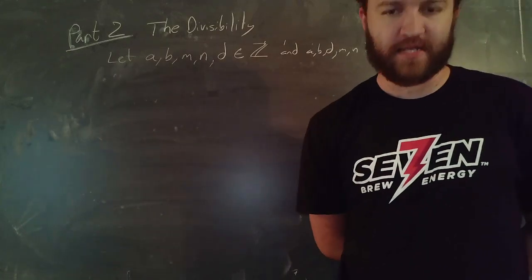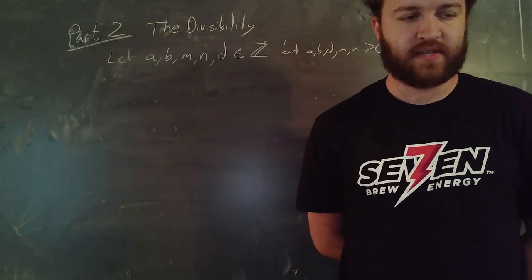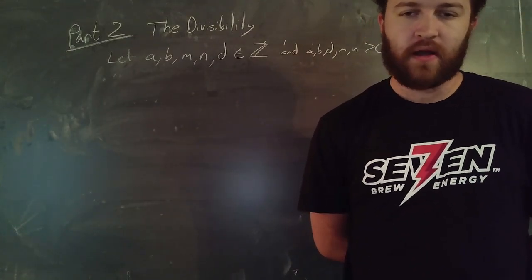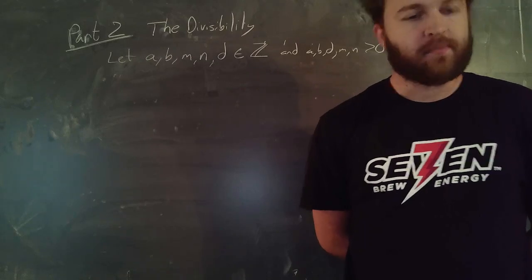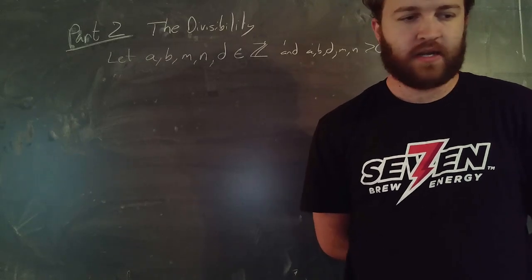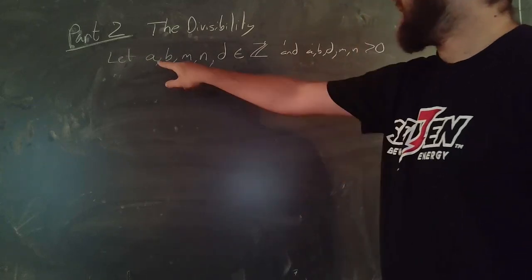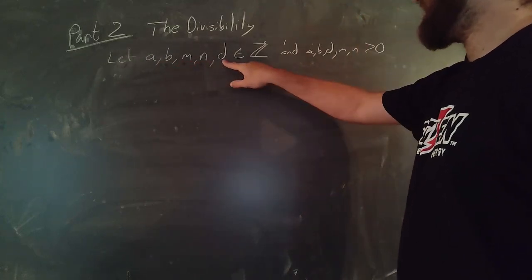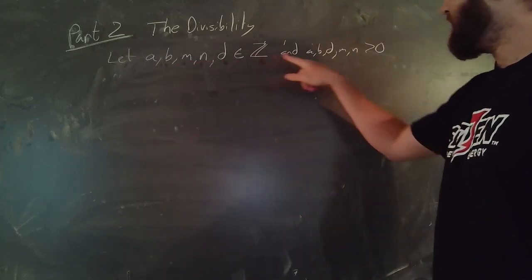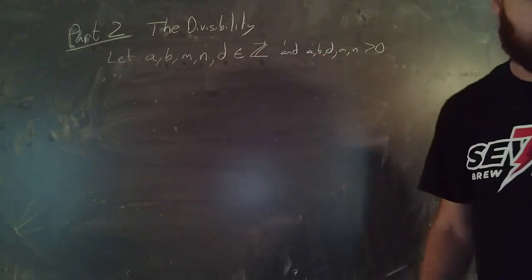Another important proposition when talking about divisibility establishes 4 more properties that are worth mentioning before we move into any of the proofs in this section. So if we pick several integers, we'll call them a, b, m, n, d, and these are integers, and furthermore they must be positive integers.